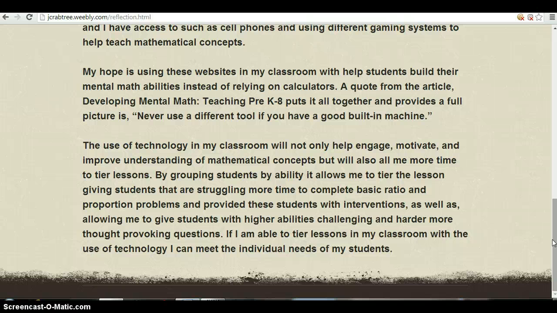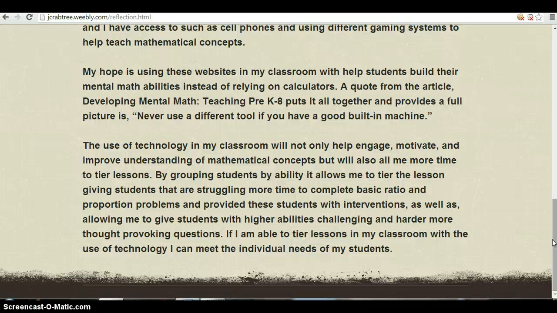The use of technology in my classroom will not only help engage and motivate students, like I found in the research, but it'll also help improve their mental math concepts and their problem solving skills, which will help me tier the lessons, like I mentioned while we were going through the Scale City website.